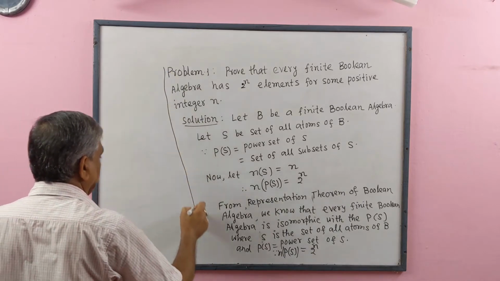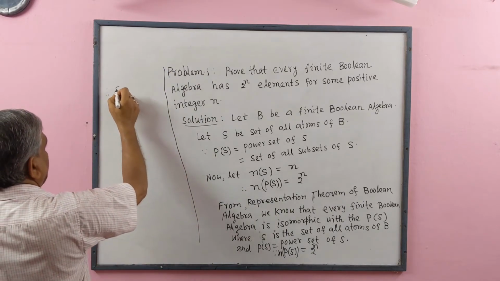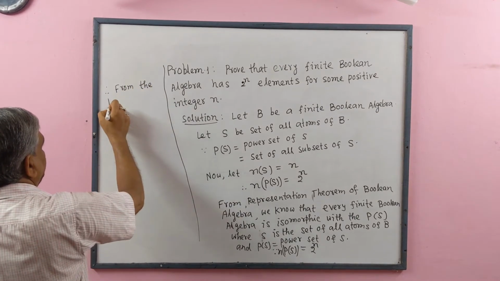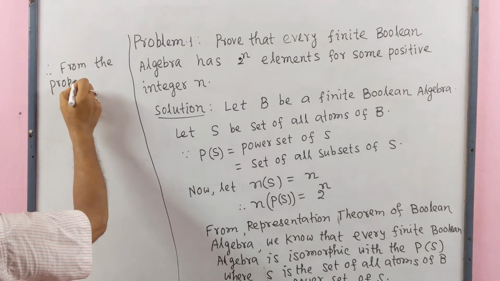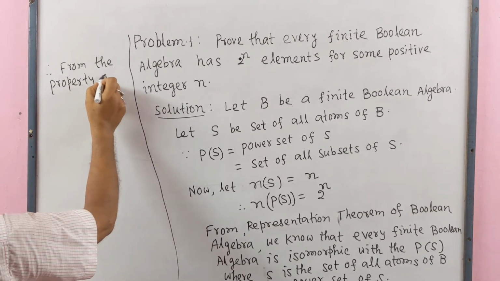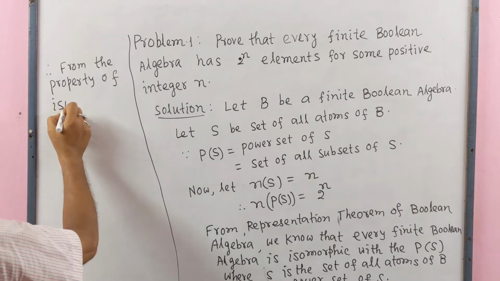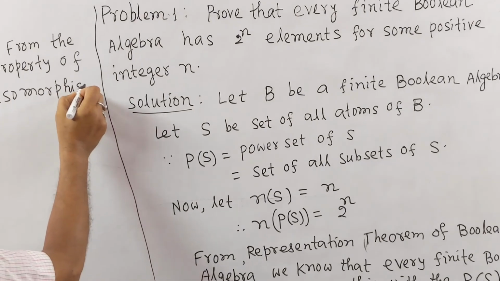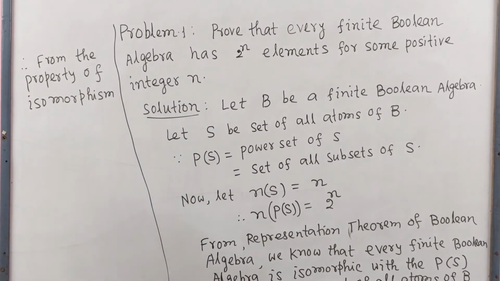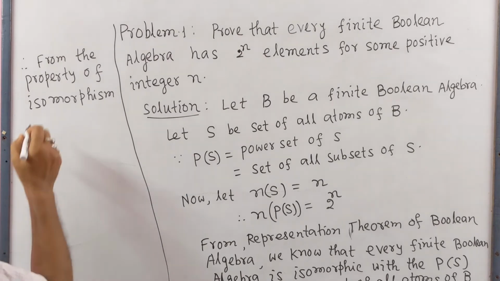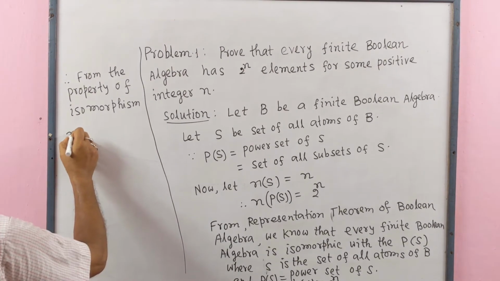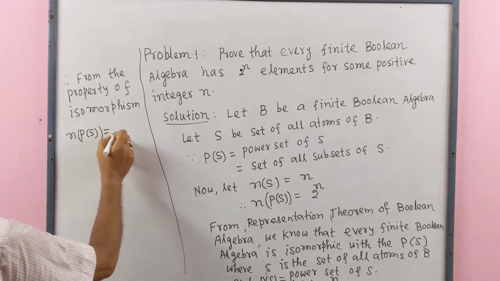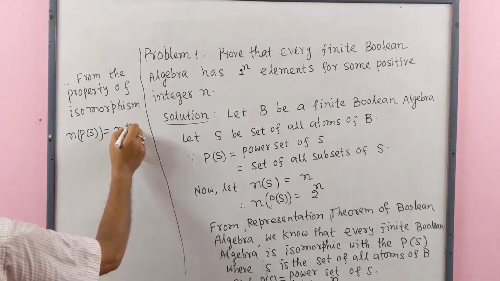Therefore, from the property of isomorphism, NPS equal to NB.